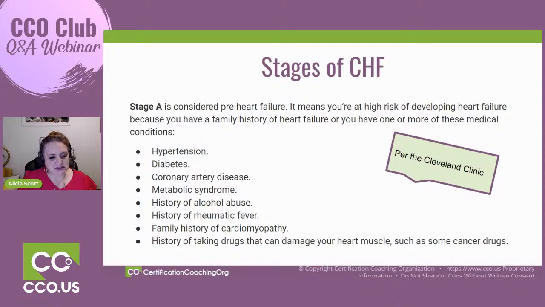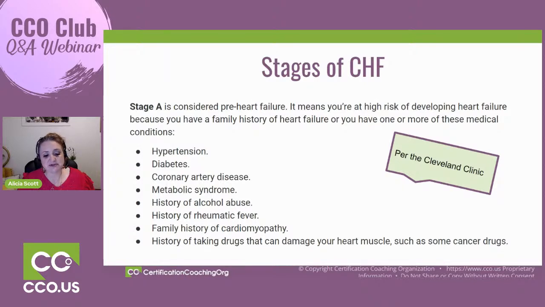So we have hypertension as being part of stage A. This is really that beginning process, and hypertension is a giveaway for a lot of disease processes. Diabetes can be involved, and you can have more than one of these areas. CAD, metabolic syndrome disorders.